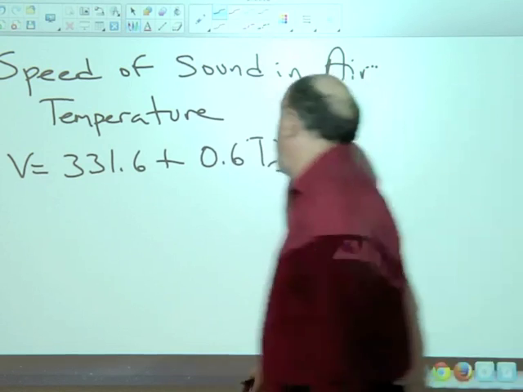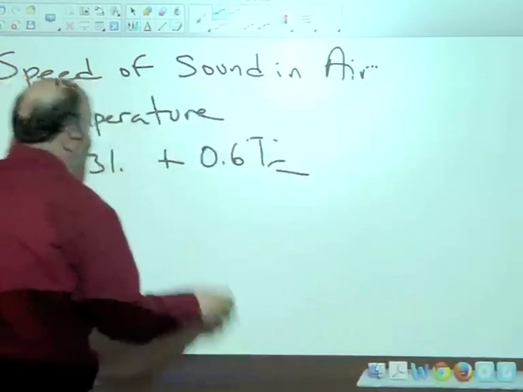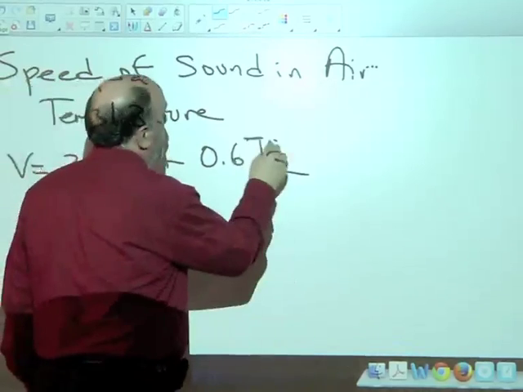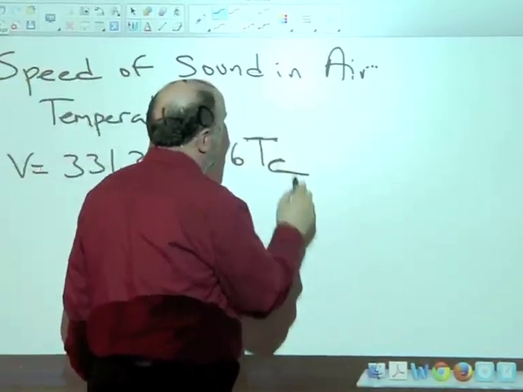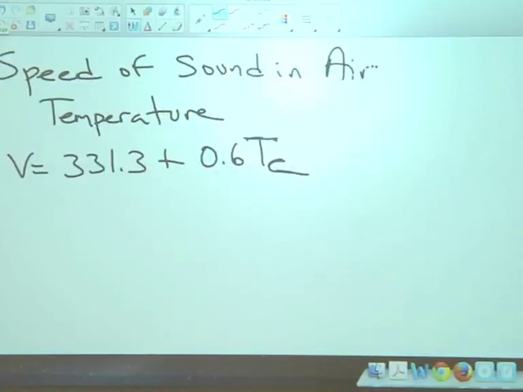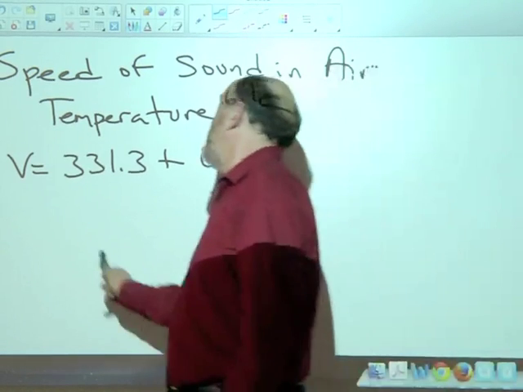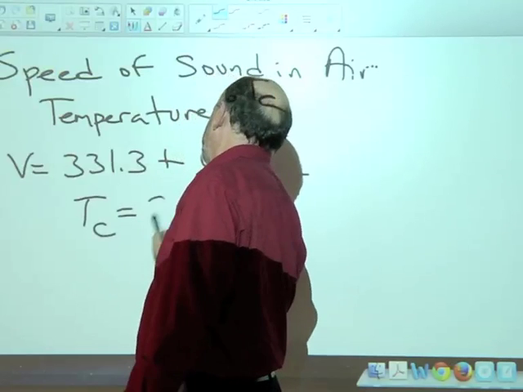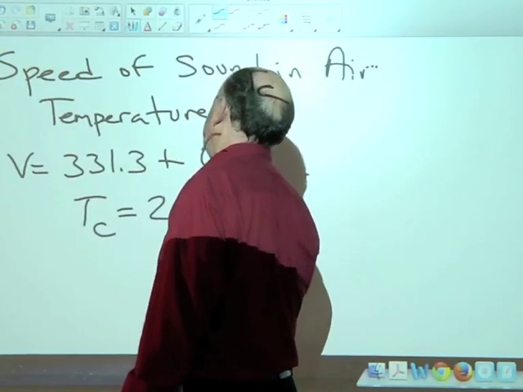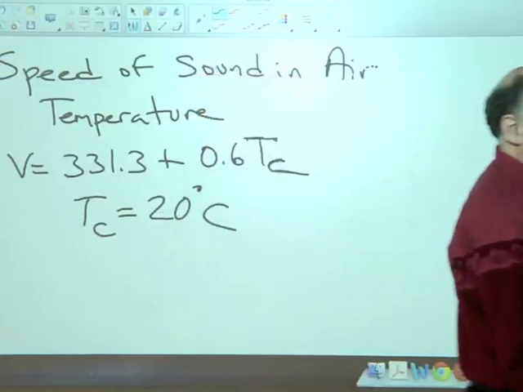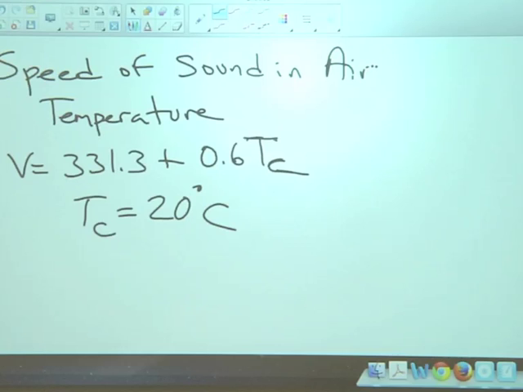The velocity is given by 331.3 plus 0.6 Tc, where Tc is the temperature in Celsius. For example, if the Celsius temperature is 20 degrees, what would be the speed of sound?